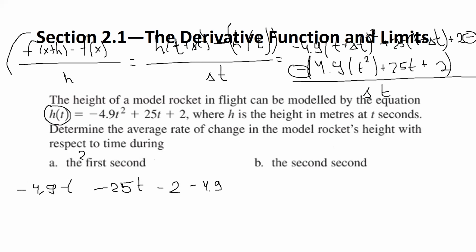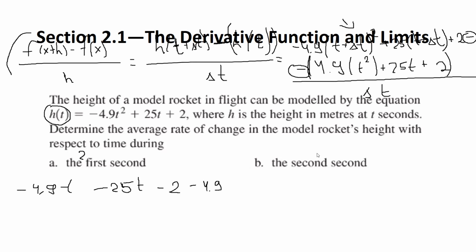You know why I don't want to expand this bracket right now? Because it's the square of a sum, it's gonna be t square plus 2t delta t plus delta t square. It's just overwhelming. Let's leave it as it is in the brackets, okay?